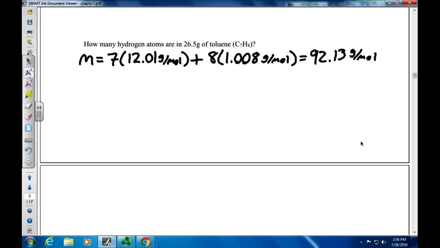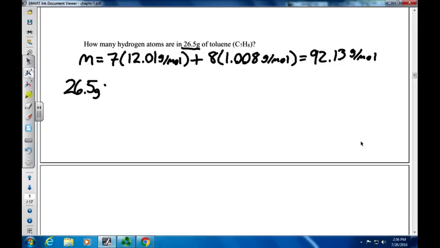Dimensional analysis always starts off with our given. So 26.5 grams is our given. Then we want to convert that to moles so that we can eventually use Avogadro's number to bring it to atoms, correct?